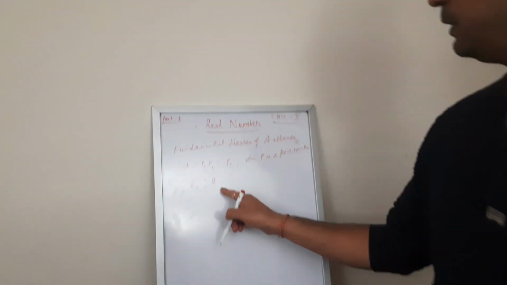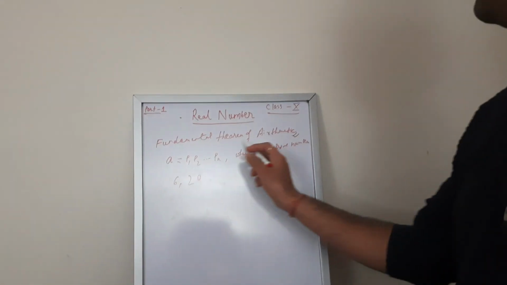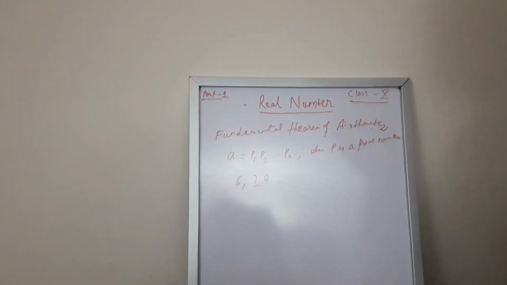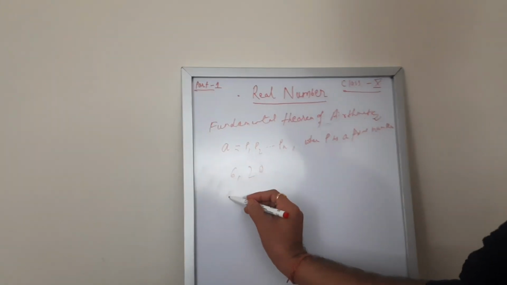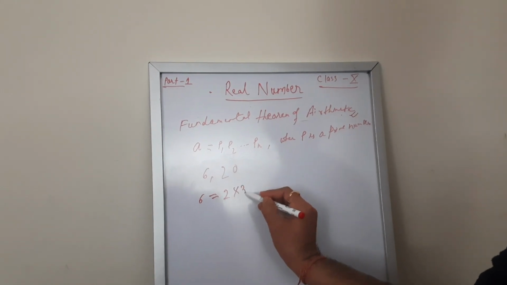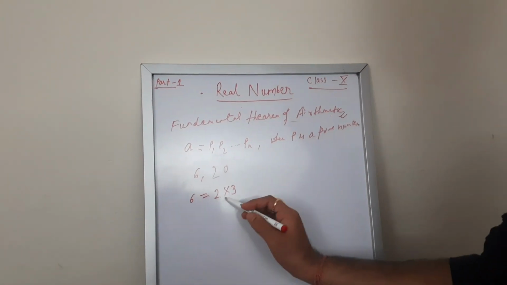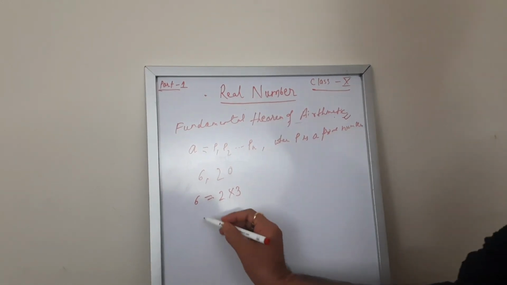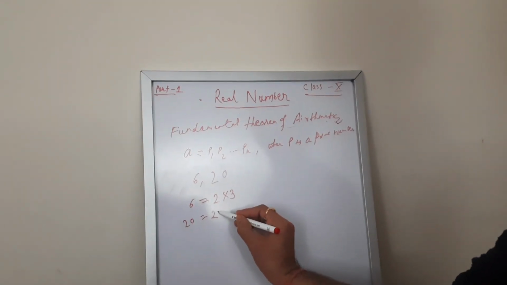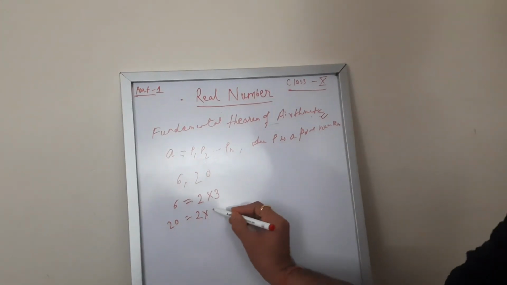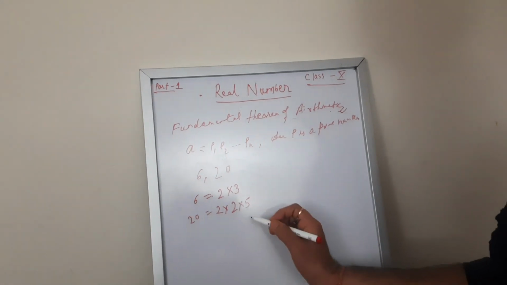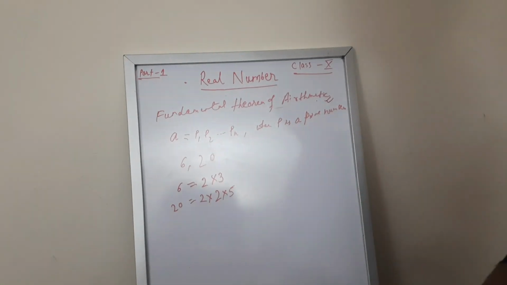With these two numbers, we can use this theorem to identify the HCF and LCM both. 6, we can make a product of 2 and 3. These two are prime numbers. And for 20, how can we write this? 2 into 2 into 5. So it's a product of the prime numbers 2 and 5.